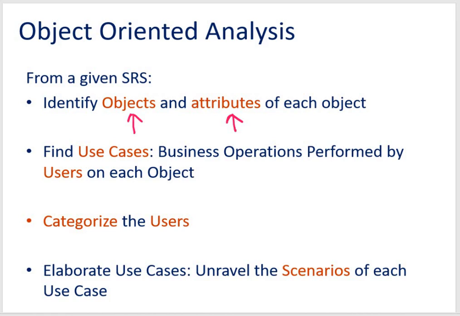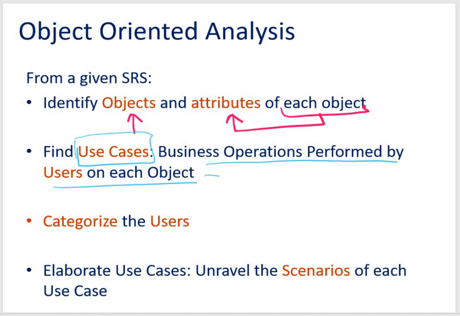So from a given SRS, I can identify the objects, and I can identify the attributes for each object. Then afterwards, my next step will be finding the use cases.